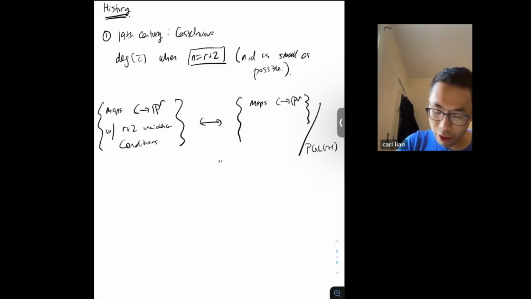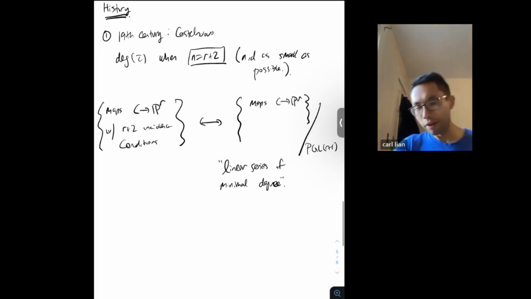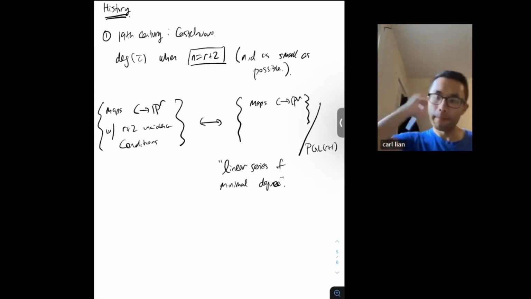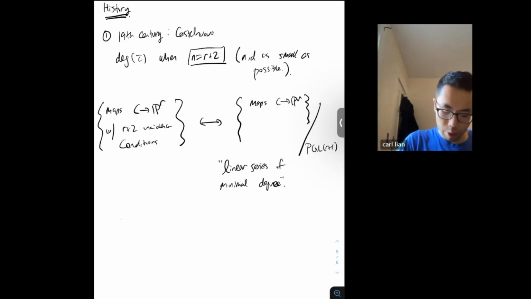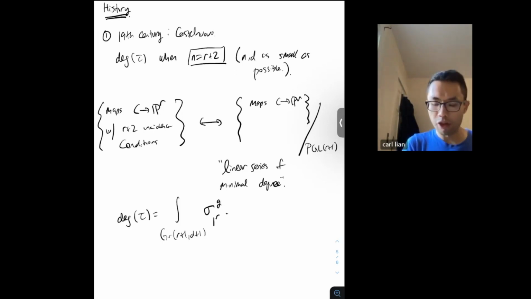And these are what you might call linear series of minimal degree. Right, so in this case, you can just get rid of the points entirely. And in this case, what Castelnuovo found is that the degree of tau is equal to this integral. So it's the integral of some Schubert class to the g-th power.